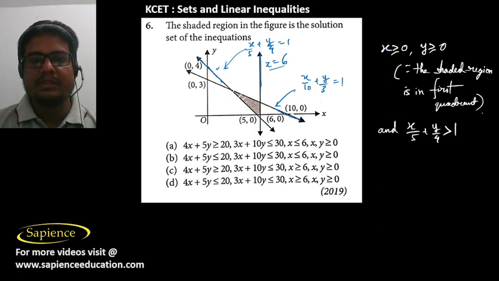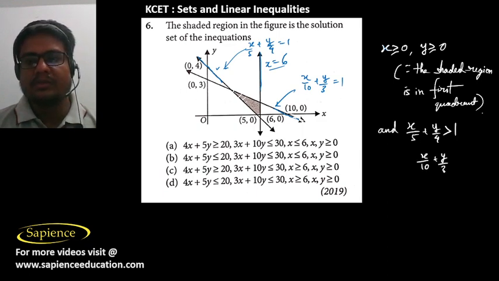And for the second straight line, the shaded region should contain the origin, so therefore x by 10 plus y by 3 should be less than or equal to 1, since here origin should satisfy and there origin should not satisfy.